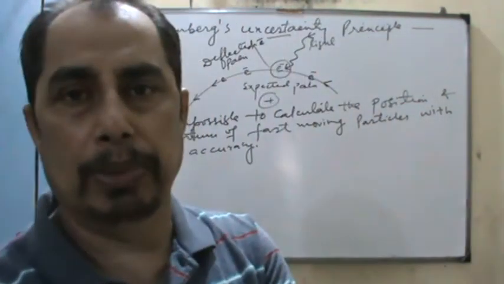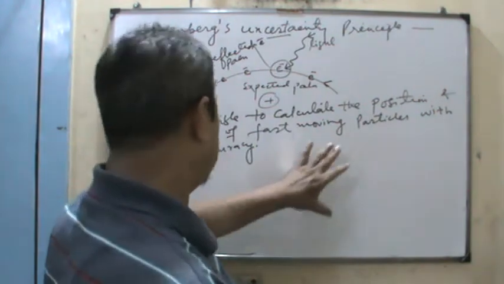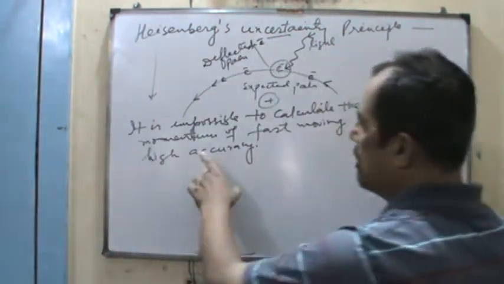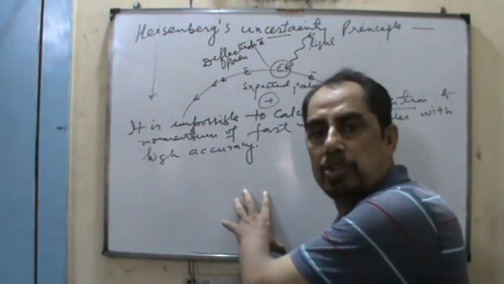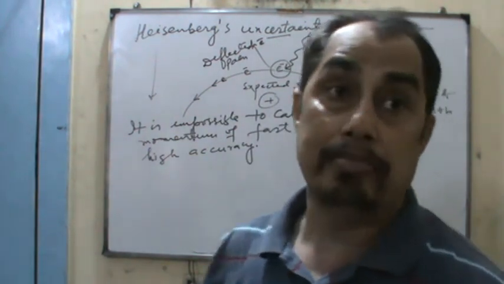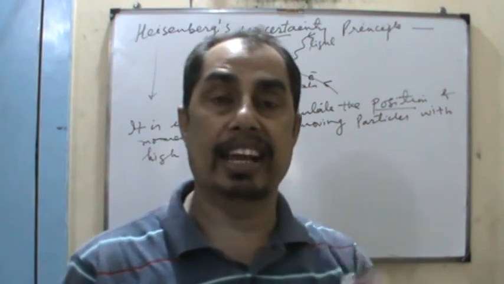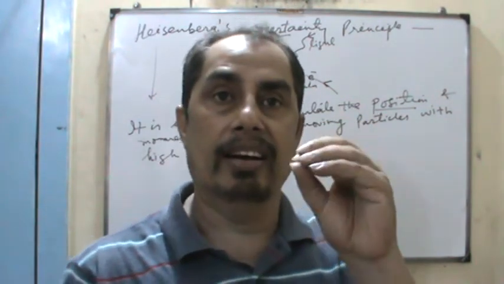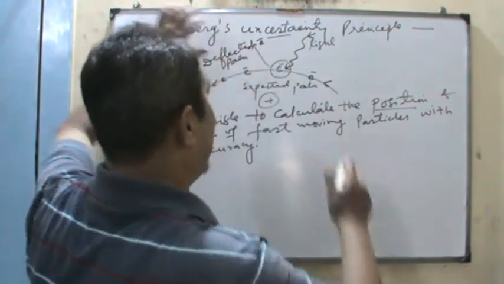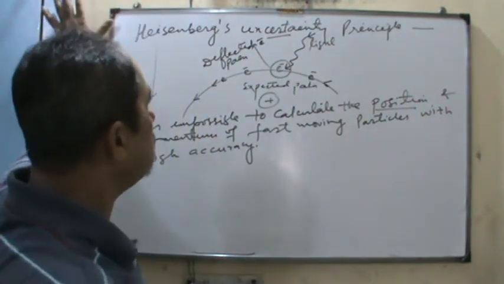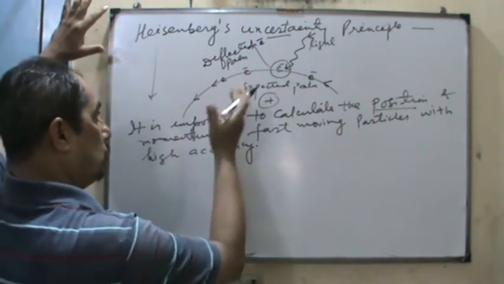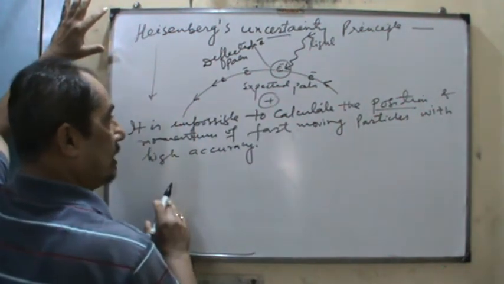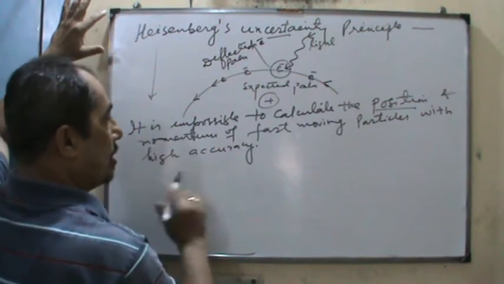Simultaneously it is not possible to get the exact position and momentum of a fast moving particle like electron, proton, atoms and molecules, because it is such a light particle. An electron is very tiny, an atom is very very small. Once you provide the light, electrons get deflected and it is not possible to get these two simultaneously with high accuracy and precisely.